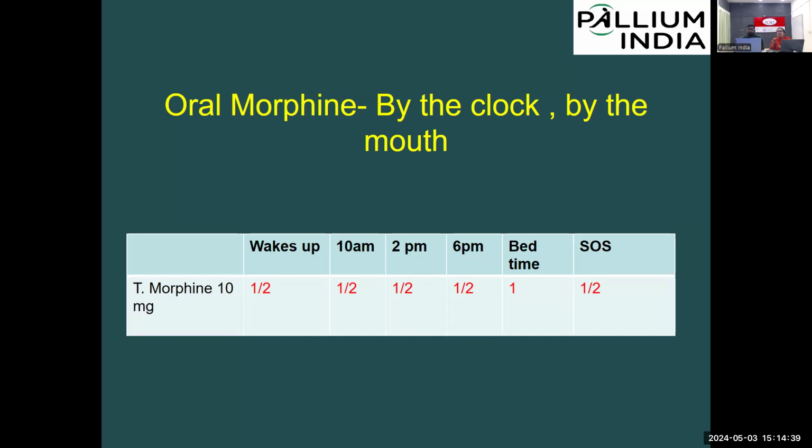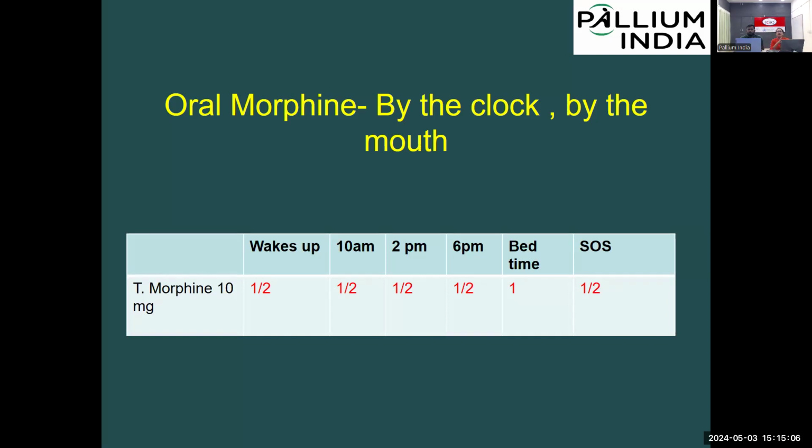Depending upon the severity of the pain, the patient is given step 1, step 2 or step 3 analgesics. Individualized treatment means each patient has to be treated as an individual and provided individual treatment options. So those are the principles of analgesic use.